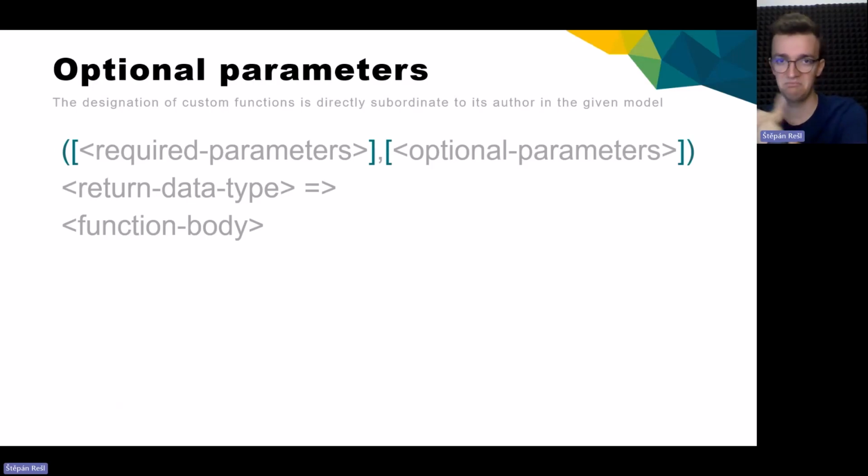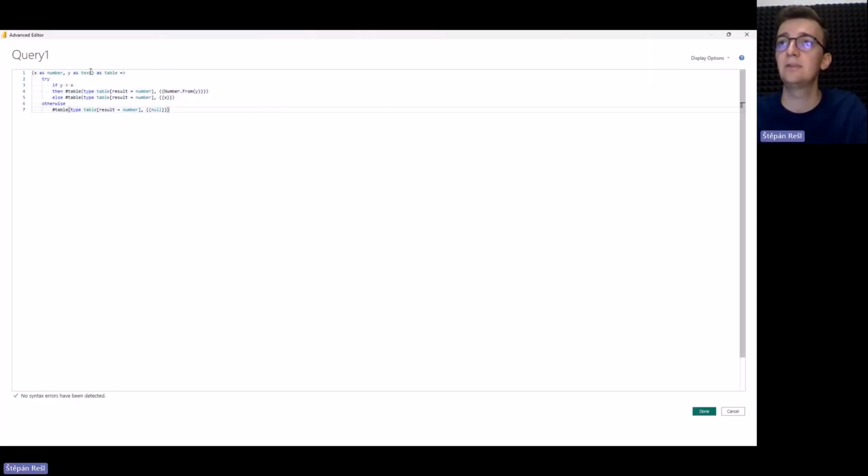And you possibly know this idea from the basic functions inside Power Query, that if you go for something like Table.Group for group by, there are some parameters that are optional, and it's just up to you if you use them or not. Can we define them inside custom functions? Of course we can.